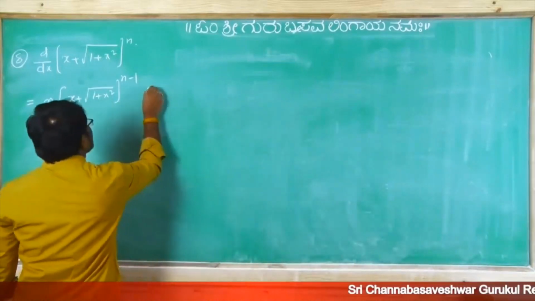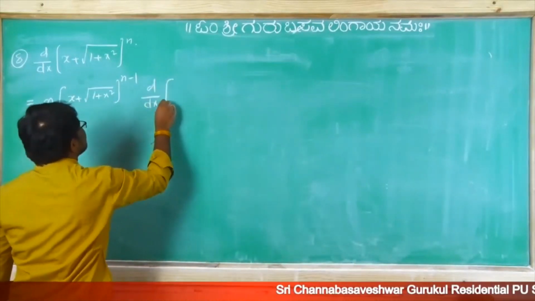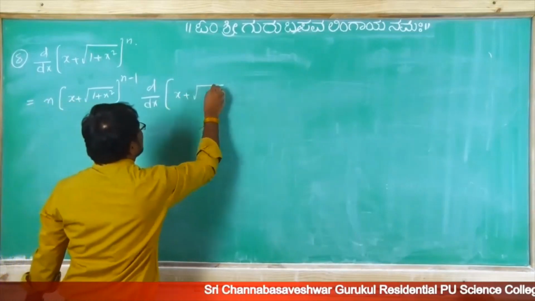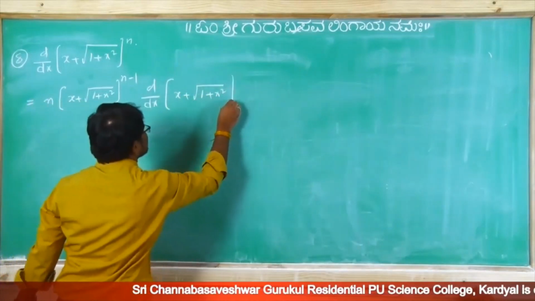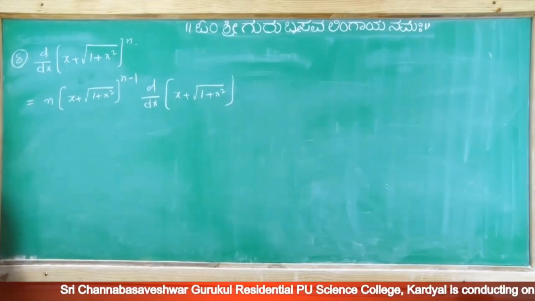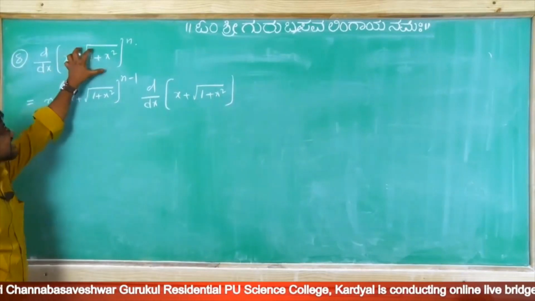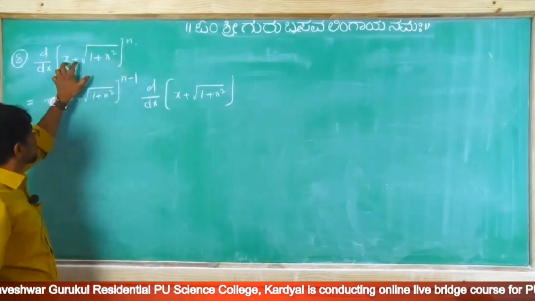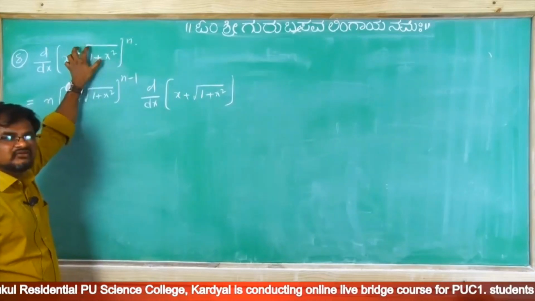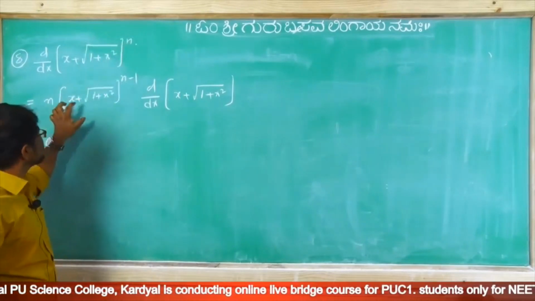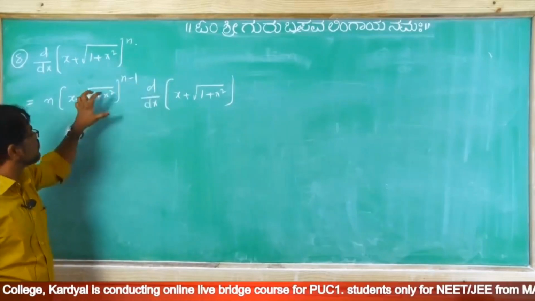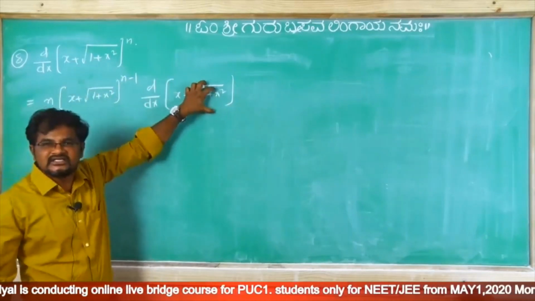Next, d by dx of x plus root of 1 plus x square. For this one only we have to do the differentiation or not? Once again, see, this is x power n. This total base I am taking as one single variable, x power n into x power n minus 1. Again we are doing the differentiation for this x value.